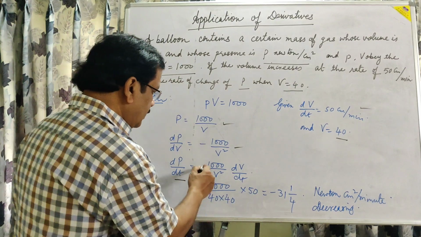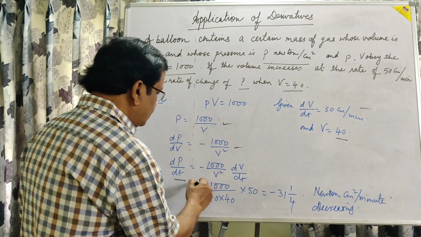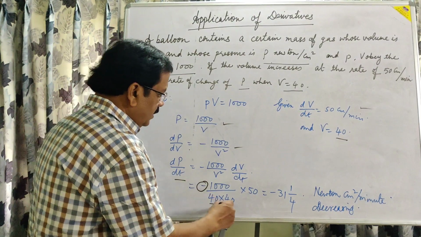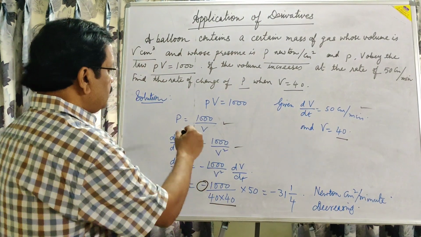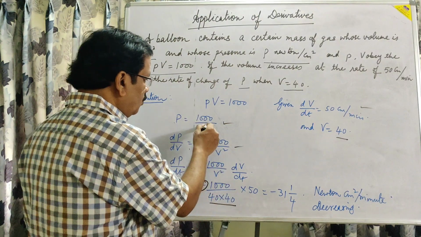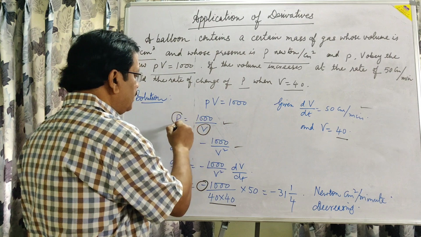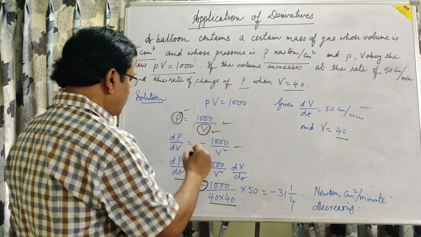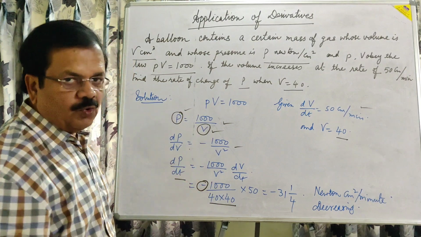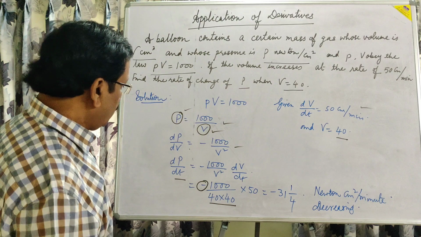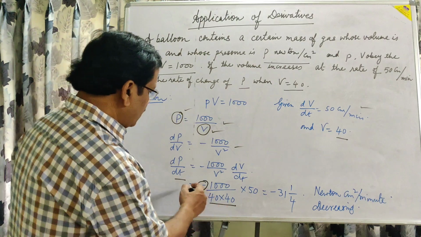Now you can see the sign is negative, it means pressure decreases, because P is proportional to 1 upon V. As volume increases, pressure will decrease. As volume decreases, pressure will increase, and that is because pressure and volume are inversely proportional to one another.